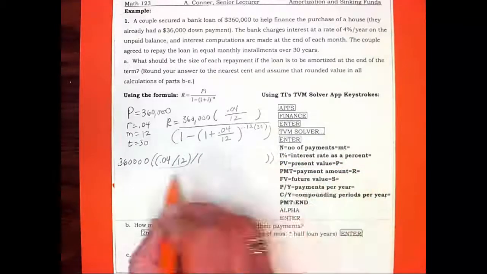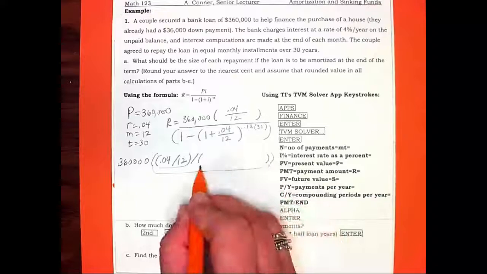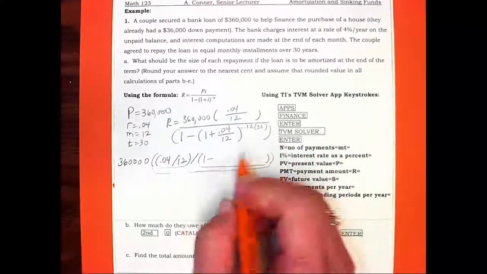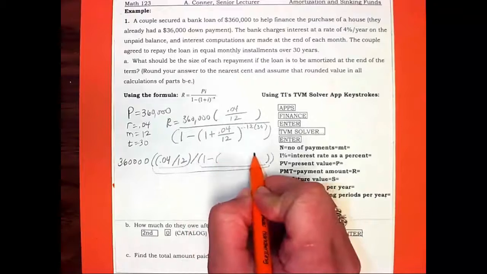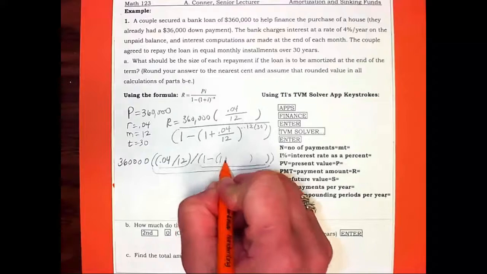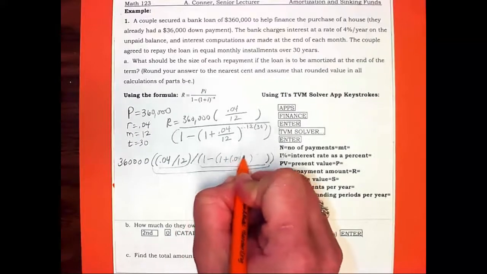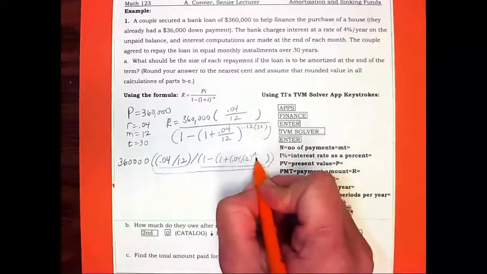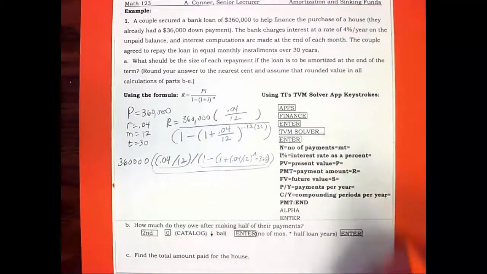Let's make sure we get those parentheses there. So the entire denominator is 1 minus (1 plus 0.04 divided by 12), raised to the, let's multiply 12 times 30, negative 360. So that's what I need to put into the calculator.